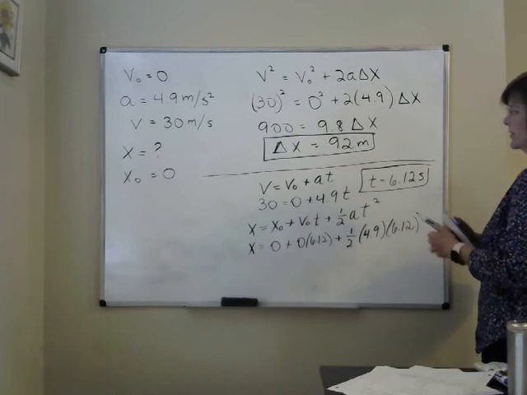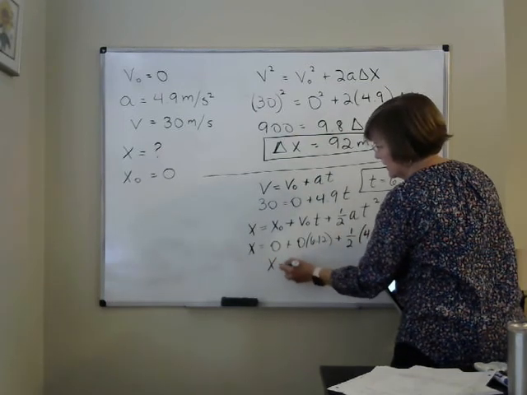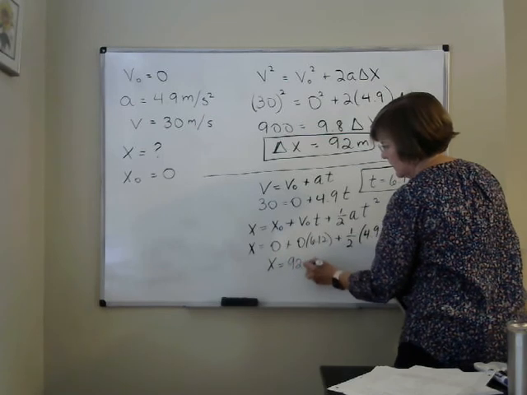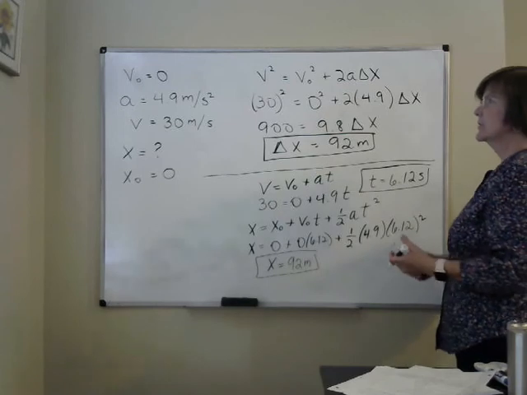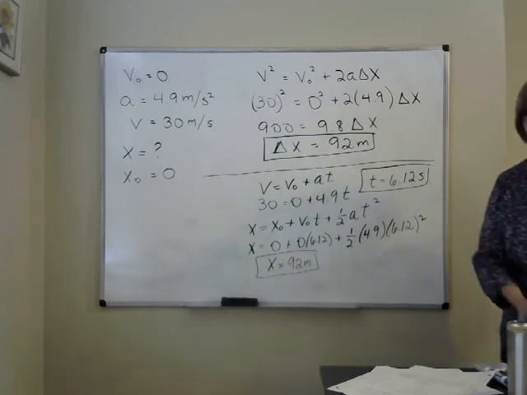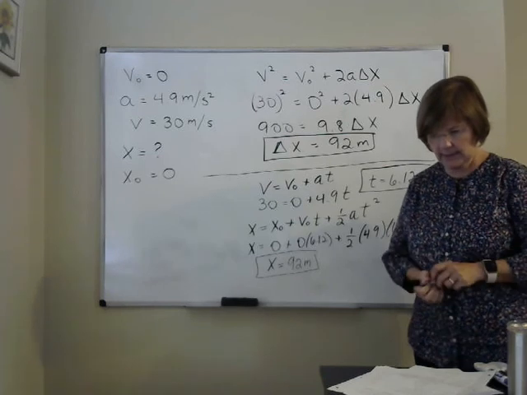Well, to two significant digits, it comes out exactly the same. The problem had two significant digits given at the beginning, so that's why I rounded my answer to 2 at the end in both cases.